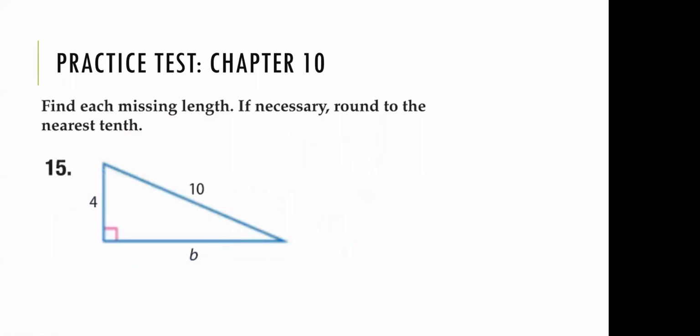And number 15, again, this is a right triangle. I'm missing one of the sides, so I'm using the Pythagorean Theorem. C squared equals A squared plus B squared. So C now is given to me, so that's 10. Remember, that's the hypotenuse where the right angle is pointing, or the longest side. And then I'm going to use 4 for A, and B is what I'm looking for.